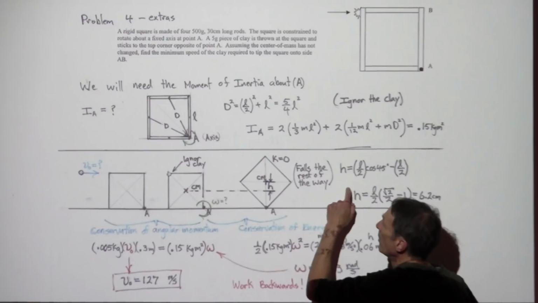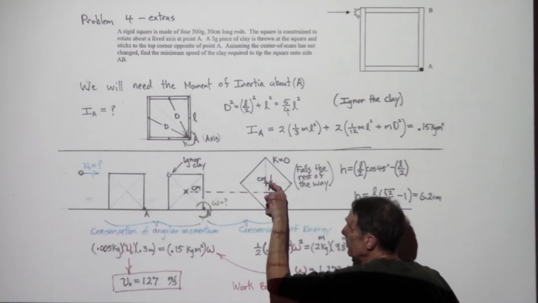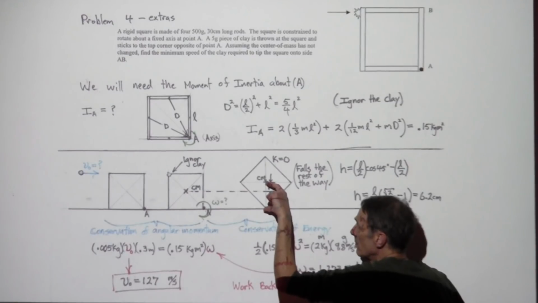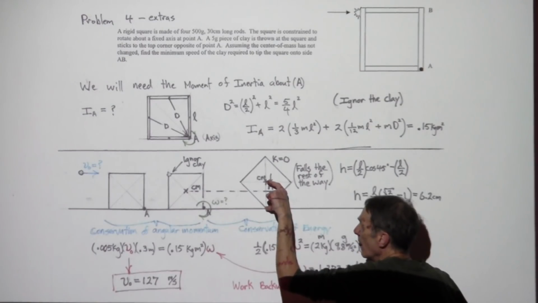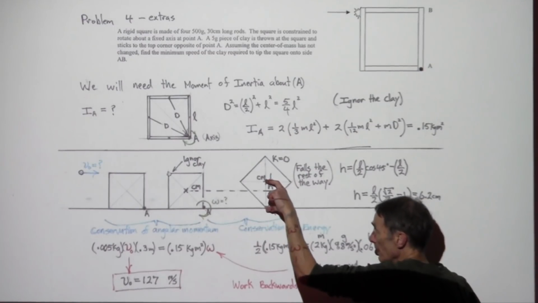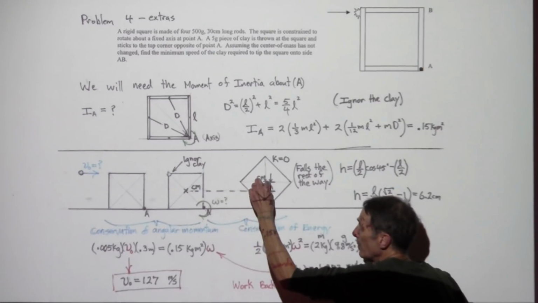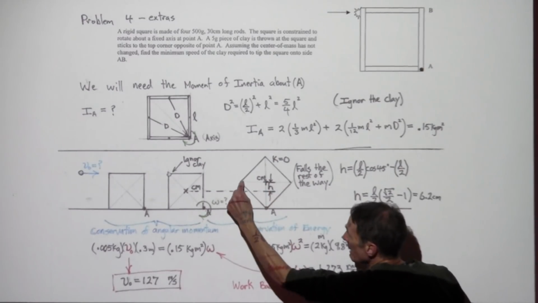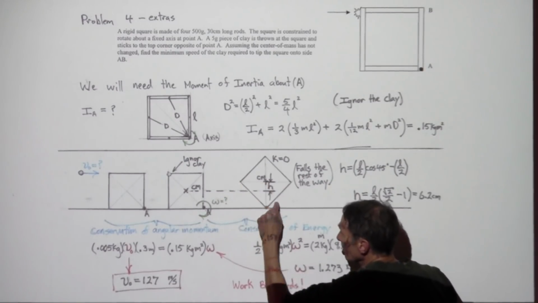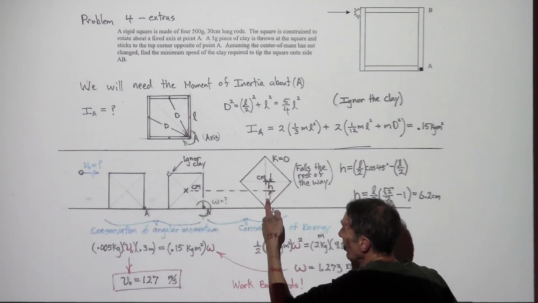If this is L, cosine 45, wouldn't it give you all the way up to the top? No, it would go past the center. I think it should just go to the center, and that's what I want. I want L cosine of that. That would drop it back to there. So this right triangle here, this is L, this 45, and then we've got that height.